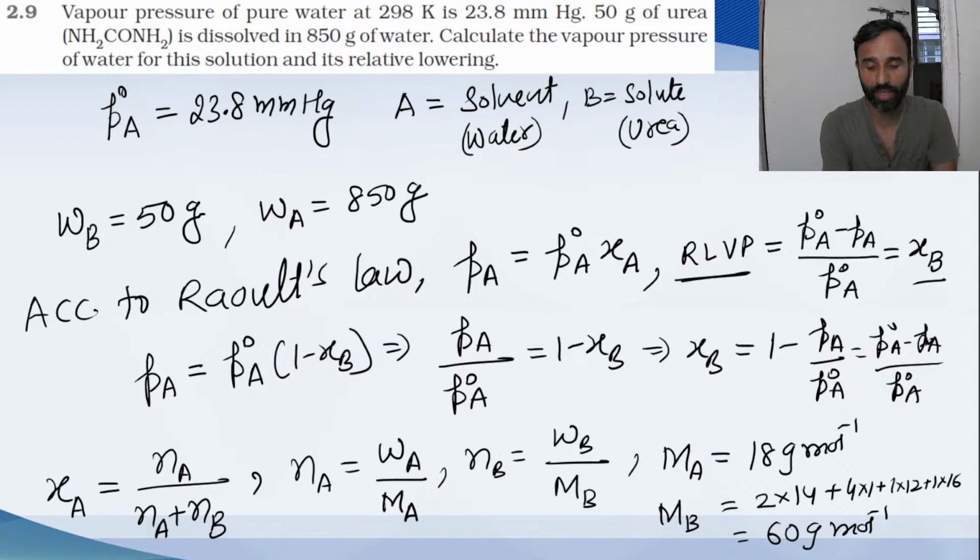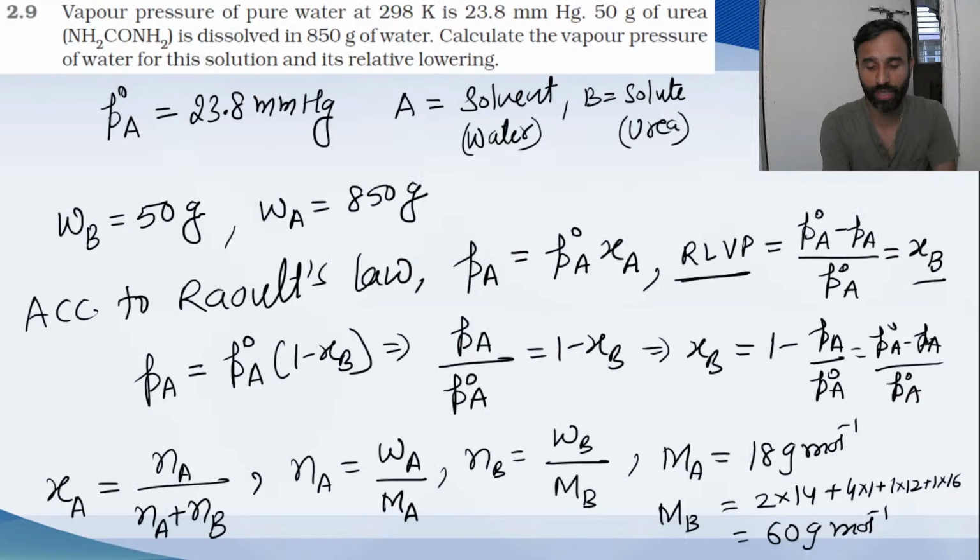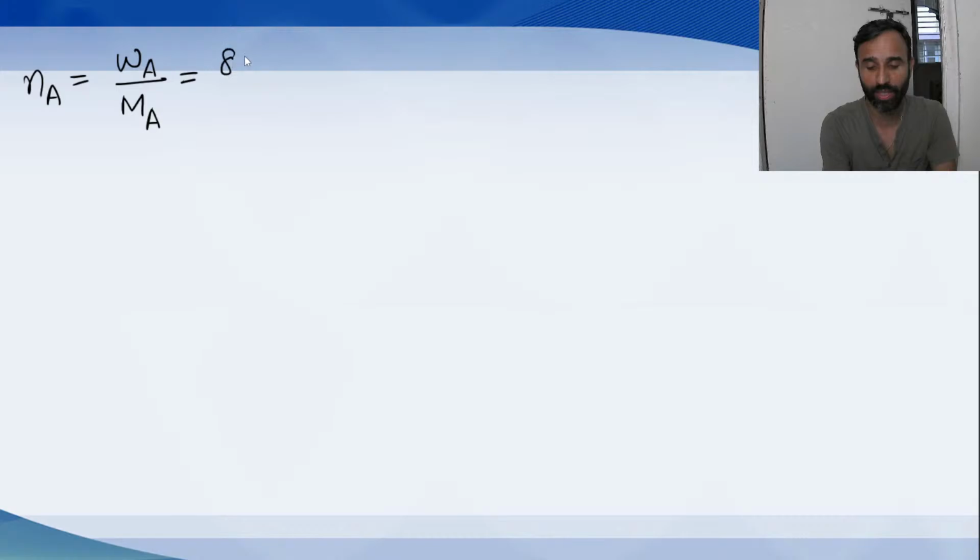So now NA. Now we go back. NA is WA by MA. What is WA? 850 gram. And molar mass is 18. So 850 by 18. It comes out to be 47.2.